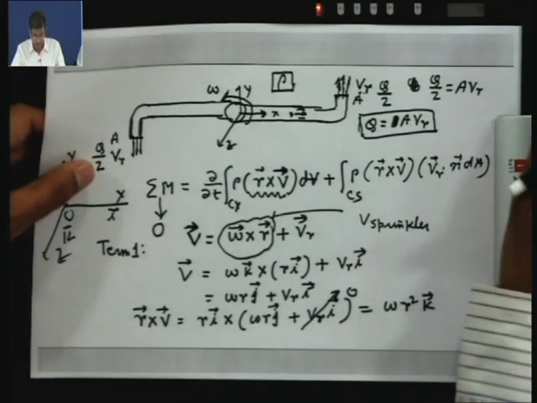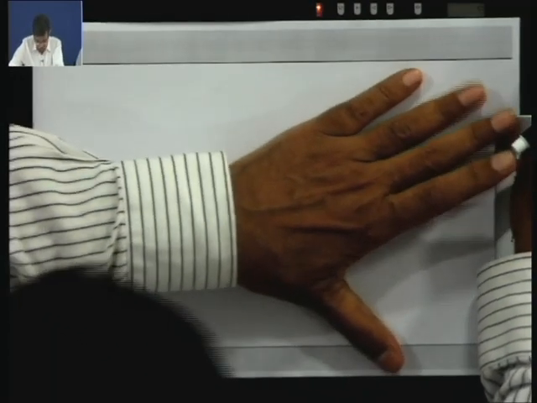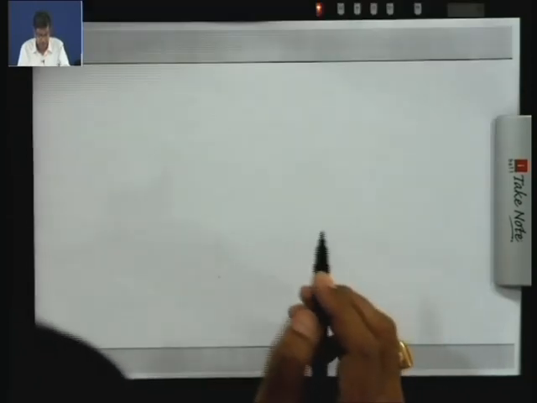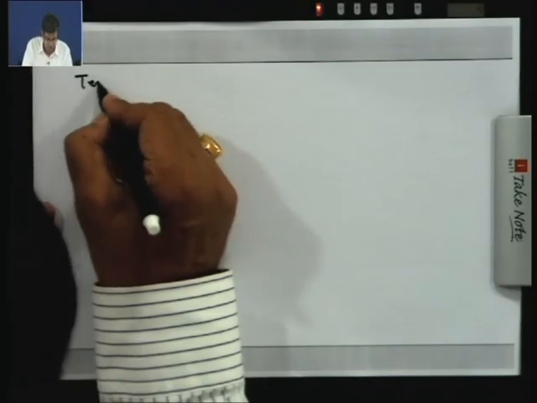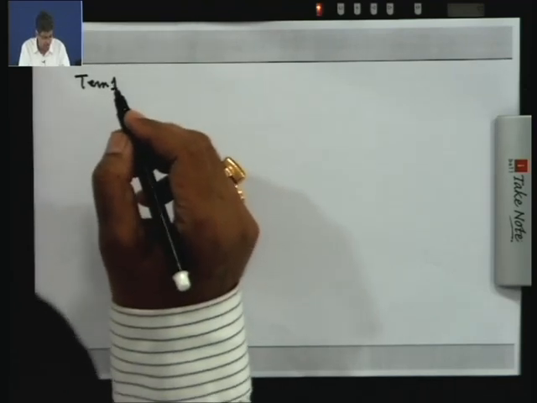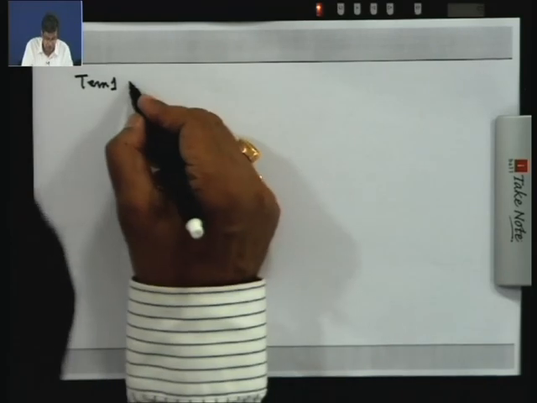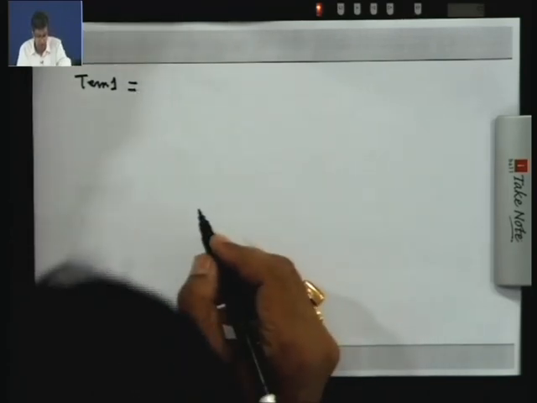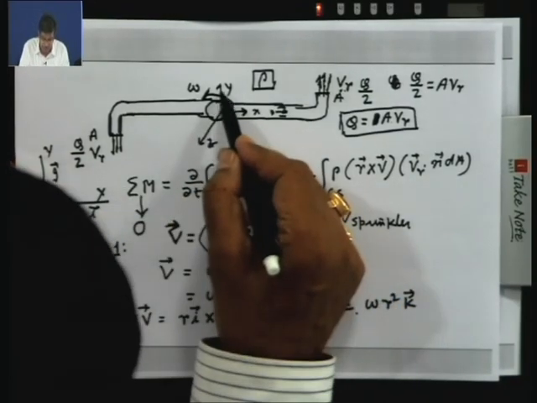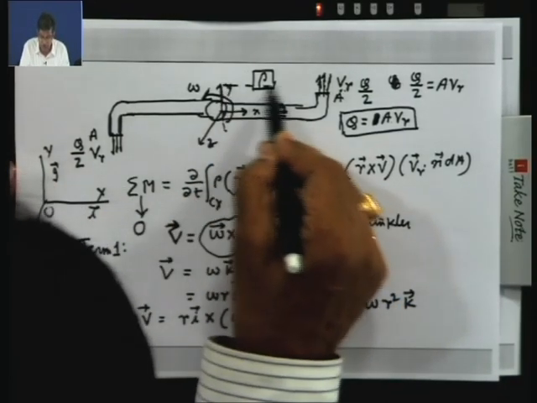Now the first term becomes, therefore, if we replace this omega r square k here, the term 1 becomes, now here one thing, before I do this term 1, when I consider the right arm as the control volume, I have forgotten to tell you.